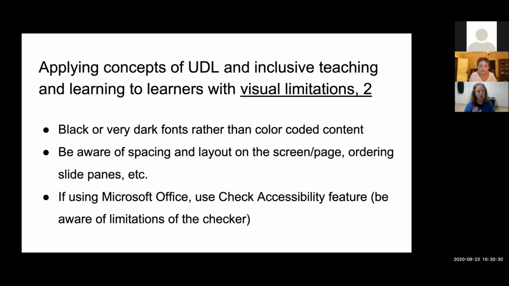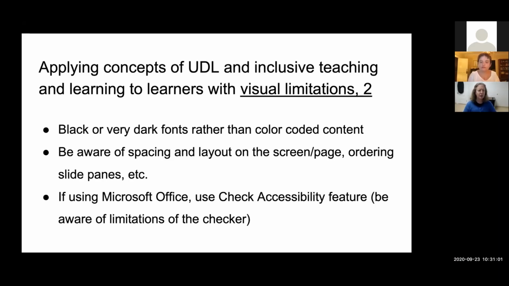And the way you order your slide panes as well, making sure the content, like Dr. Spinelli said, has a structure to it, and sometimes even a small table of contents at the beginning of a document. People who are on the autism spectrum perhaps need that to be able to figure out the order of the content, and it can help with comprehension.